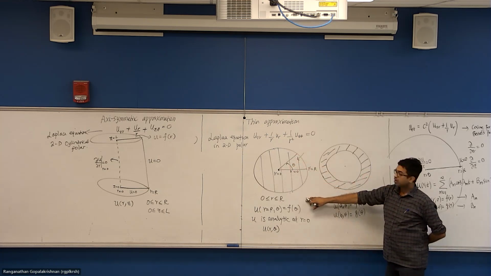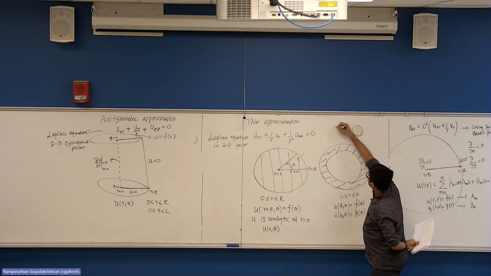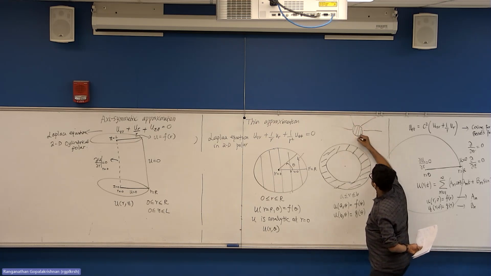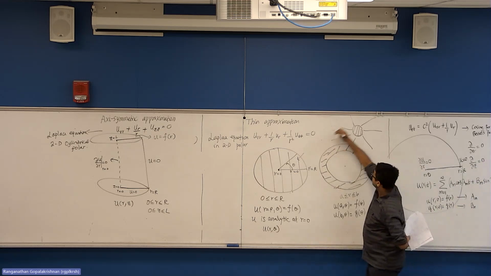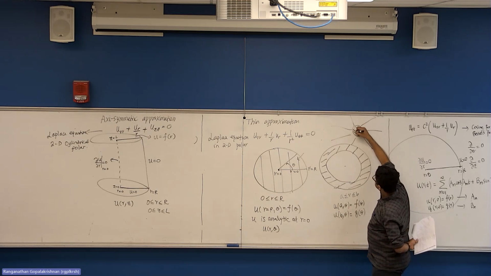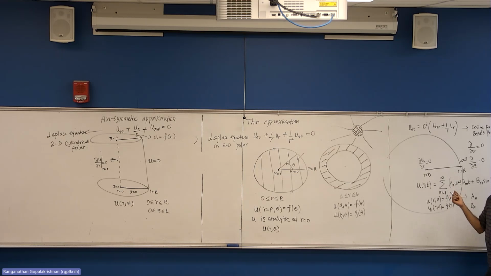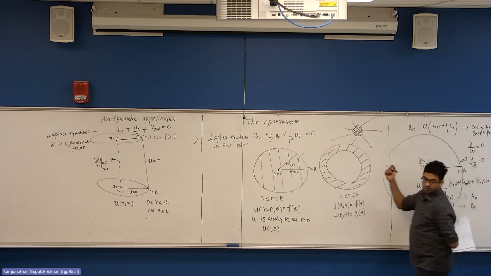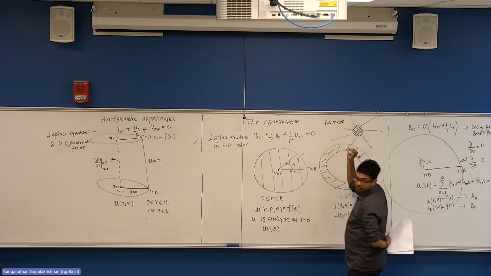Suppose you have a domain which is excluded by a circle and everything else in every direction is your domain. Suppose the same equation is applied in the space outside the shaded region. How do you write the domain? R less than or equal to r less than infinity.